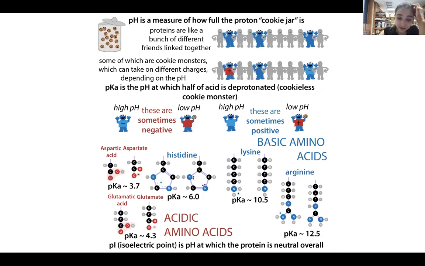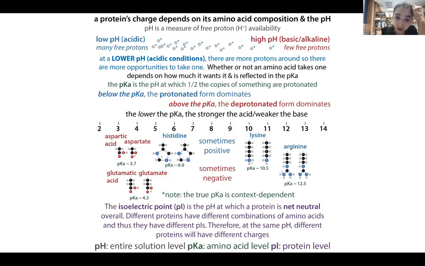And these side chains have different pKa. And so the overall charge of a protein is going to depend on the pH, but also on the pKa of the side chains, like the different combination of amino acids they have and how many of these are acidic versus basic. And so we talk about acidic and basic amino acids, but when we talk about that, we talk about what is acidic or basic in their neutral form.